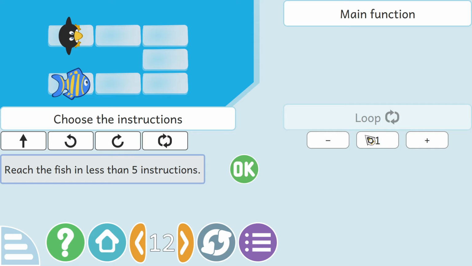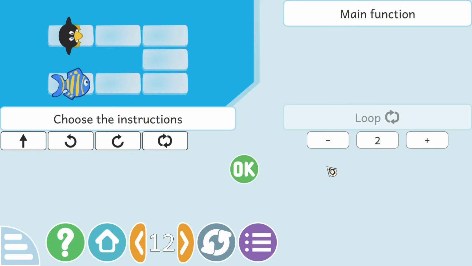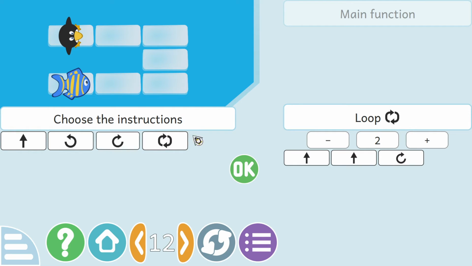Reach the fish in less than 5 instructions. So I'm going to call a loop. I'm not too sure how this works, so I'm going to try it and see if I can loop through twice, which means that it should end up 1, 2, and there.